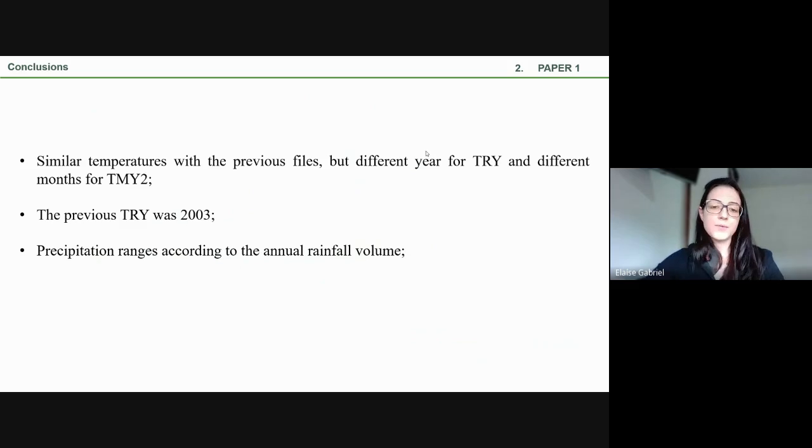However, this file resulted in higher average operative temperatures as well as higher global solar radiation. This can be justified because of the climate change in recent years. And we also see that this significant variance can impact the energy consumption, and the other weather parameters can do that as well.